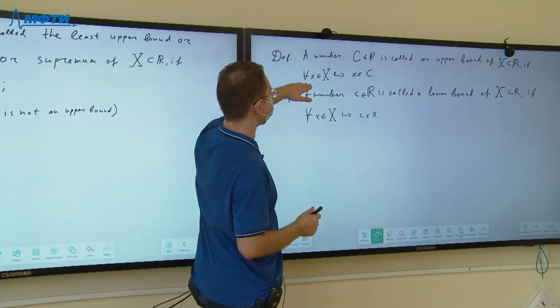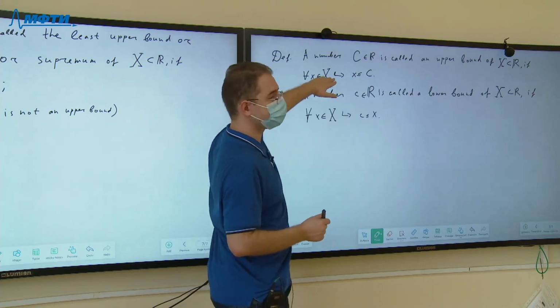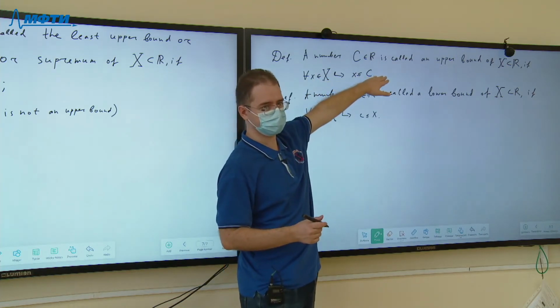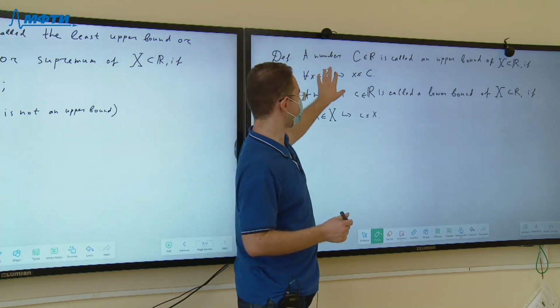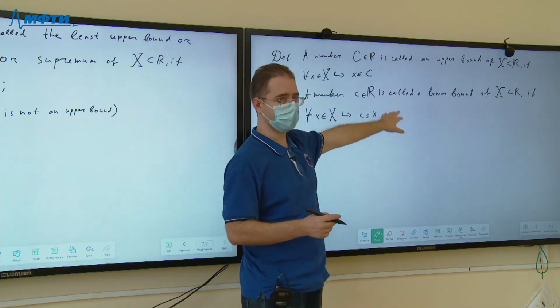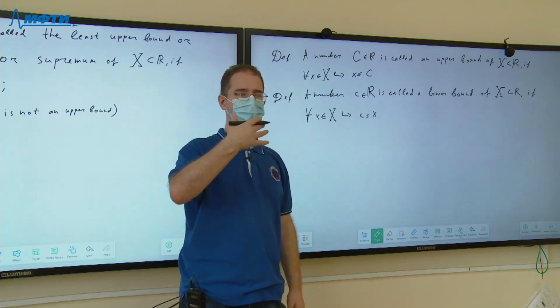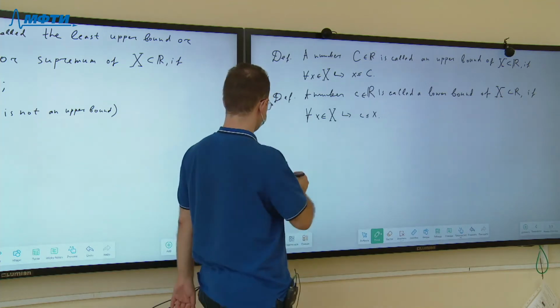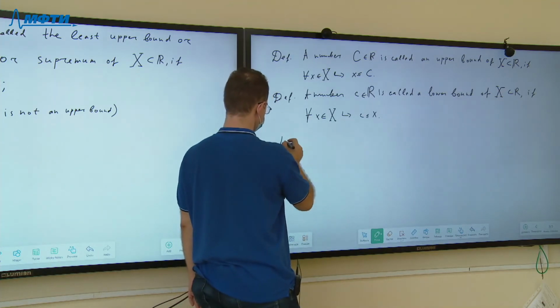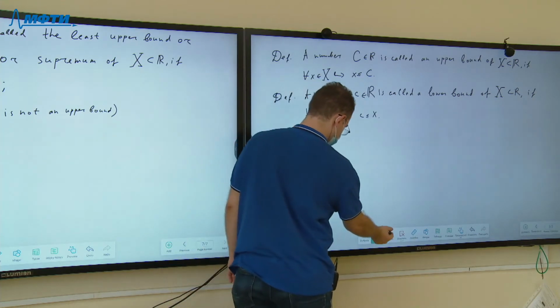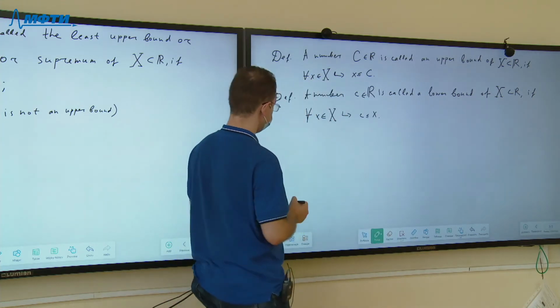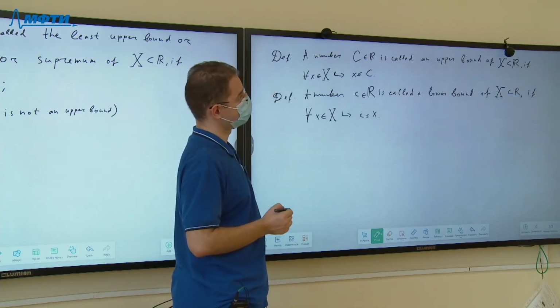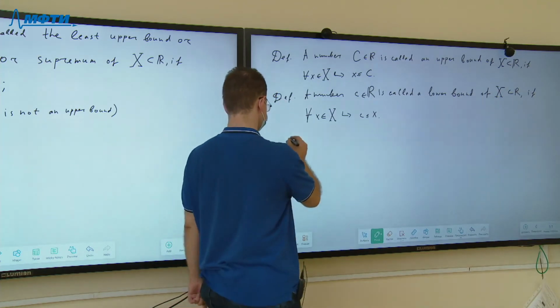Here we have a definition that a number is an upper bound: for any x from our set, something happens. How to say that this is wrong? This will not be a definition, let's call it an exercise.